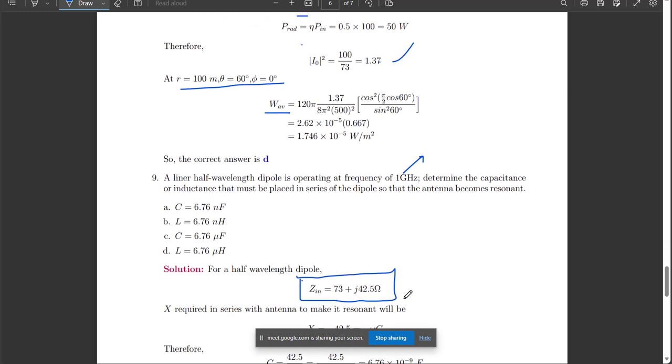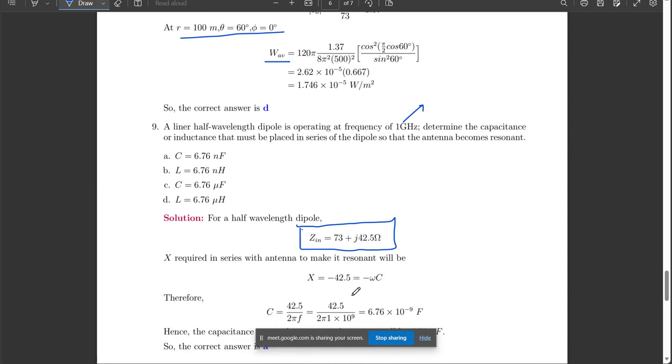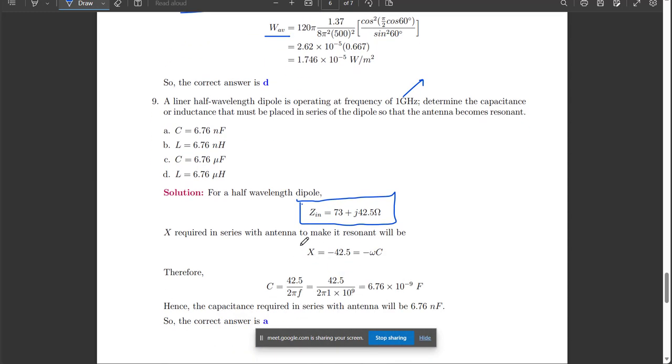So if we connect minus j 42.5 in series, the whole term will become real. And if the whole impedance becomes real, that means the antenna becomes resonant, right? So X is equal to minus 42.5.